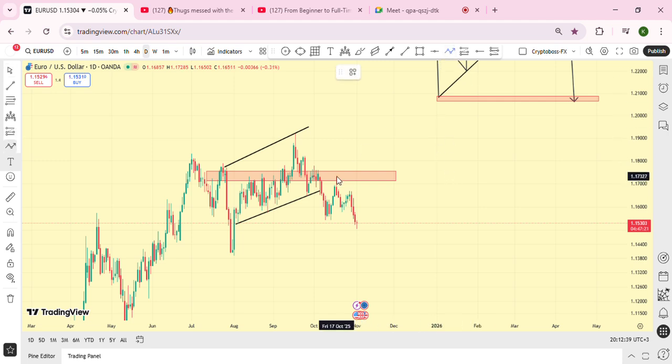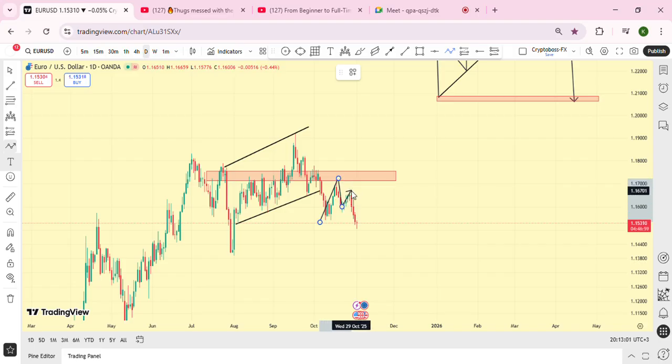The entry here was based on an order block. We'll check on order blocks later. The market tapped that order block and then started dropping. If you look again, the market has formed a double top. We have that liquidity sweep there.